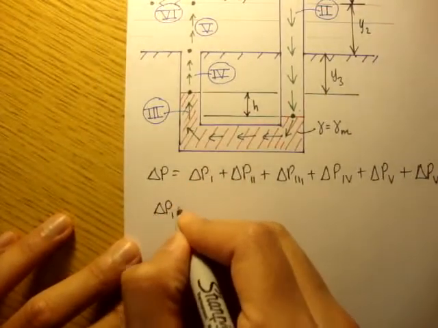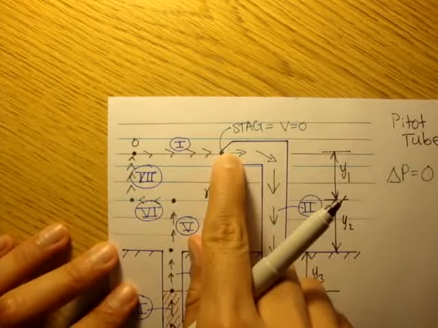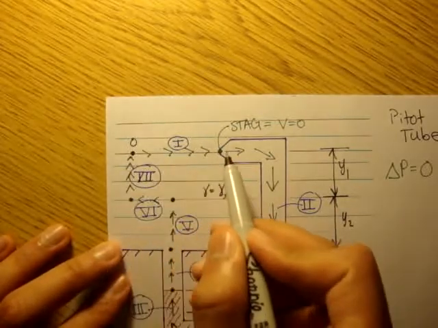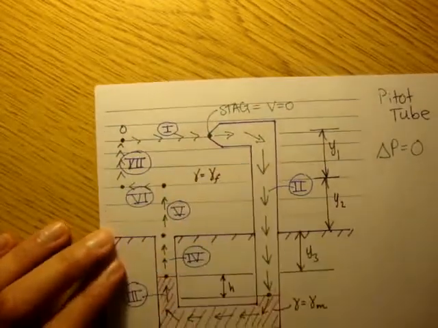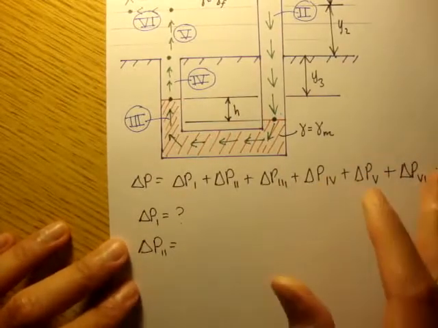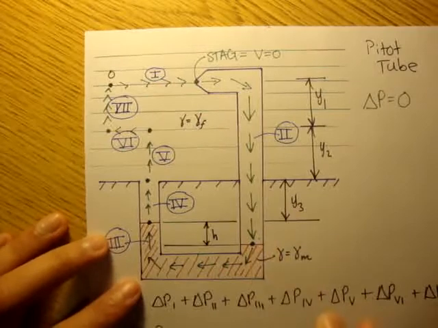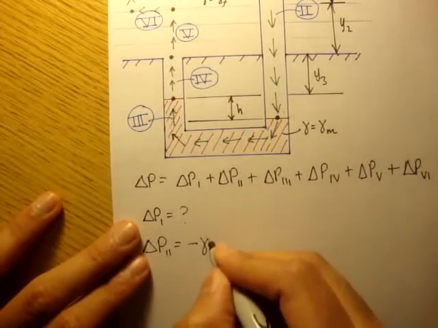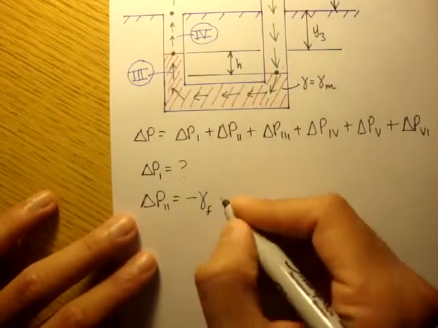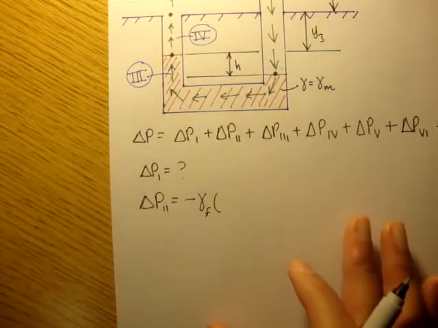So, the change in pressure of path 1. What's that? Well, we know how to calculate pressure using the static pressure equation, but here we're not changing height, we're just changing horizontal distances. So for now, let's call this a question mark. Path 2, from the stagnation point down here, we can use static pressure. Negative gamma, in this case air, so gamma F, times the change in height.